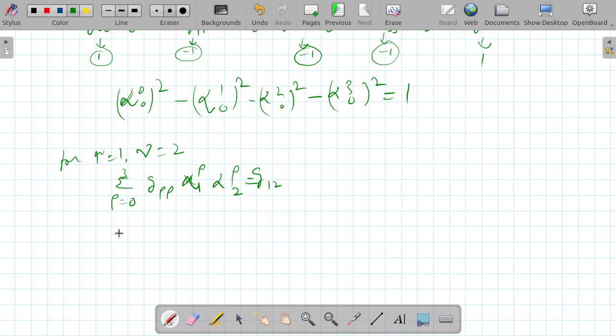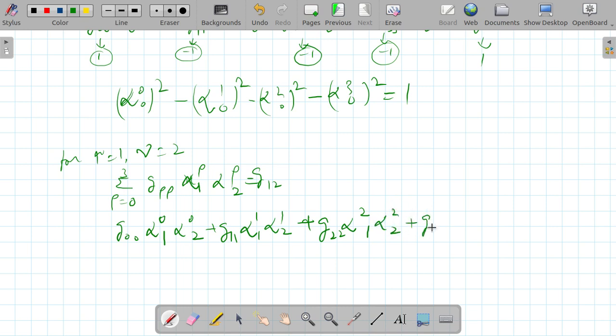So from here I can write it as G00 alpha 01 alpha 02 plus G11 alpha 11 alpha 12 plus G22 alpha 21 alpha 22 plus G33 alpha 31 and alpha 32. It must be equal to G12, and its value will be 0.